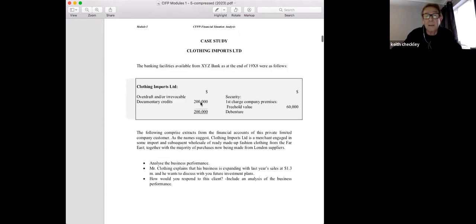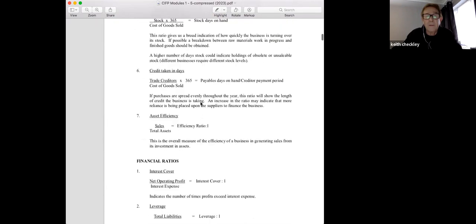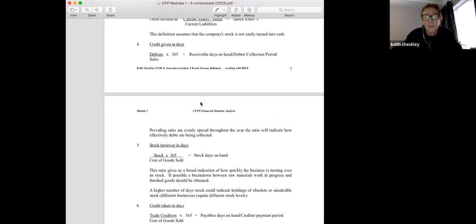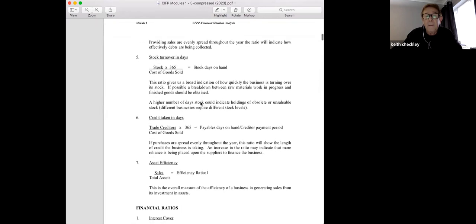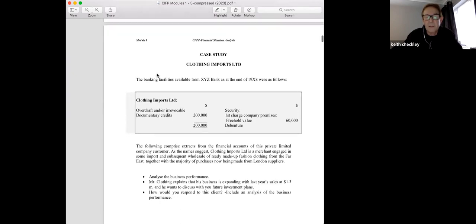So let's take a look at that. Let's go back to our analysis and look for the stock. There we are, look. Stock turnover in days is stock divided by the cost of goods sold again. So once again, some people would use sales. We're using cost of goods sold as the preferred method. So stock divided by cost of goods sold and then multiply by 365. So stock from the balance sheet.